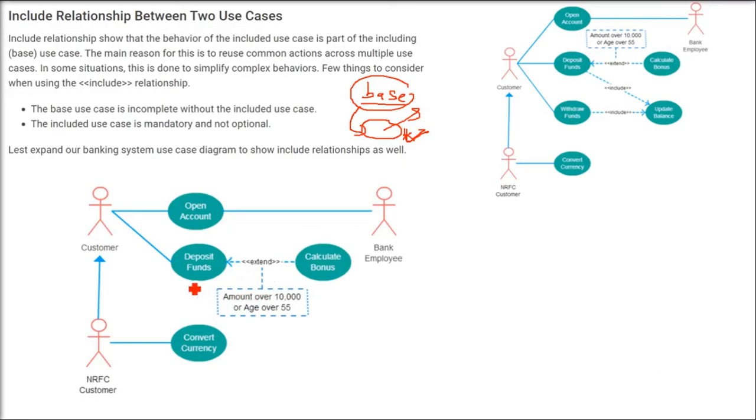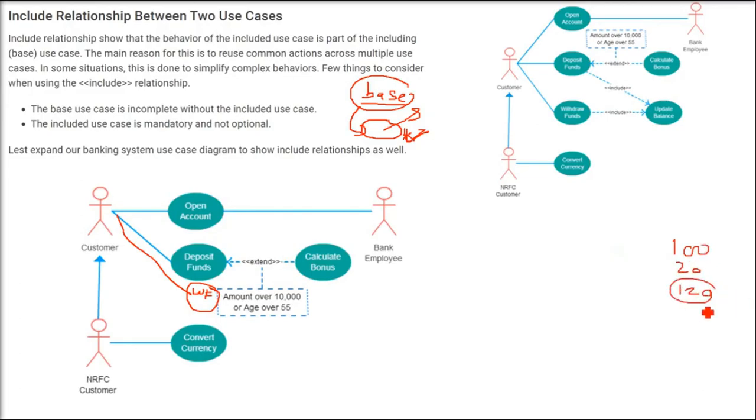What does include mean? Whenever you deposit funds or withdraw funds, let me add one more use case here. I'm adding deposit funds and withdraw funds. If you deposit or withdraw funds, what will happen? The account amount has to be updated.